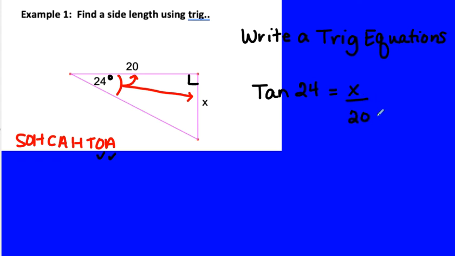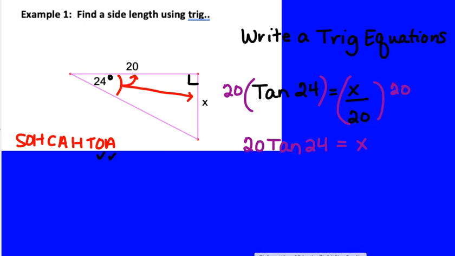So now I have a trig equation, so I can clear fractions here. I'm going to multiply both sides by 20 because I'm solving for x. So I've got 20 tan 24 equals x. All right, now this isn't inverse because I'm not finding the angle. I don't need the angle. I'm looking for a side length.